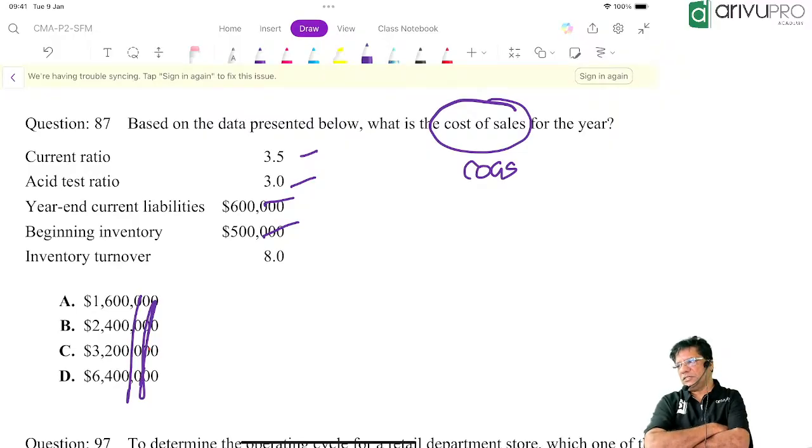How much is cost? Use the information, formula. Inventory, the year-end. No, current liability, simply.